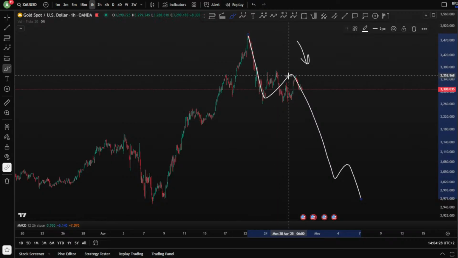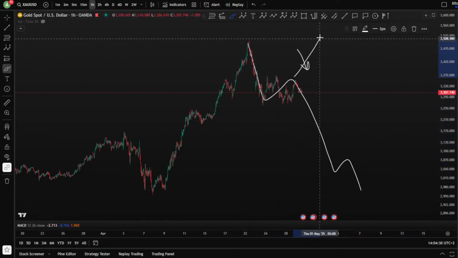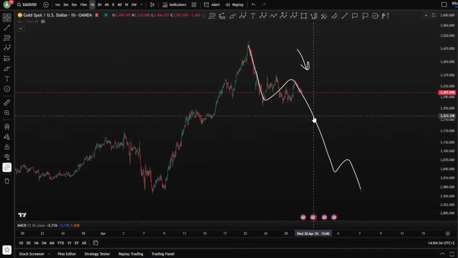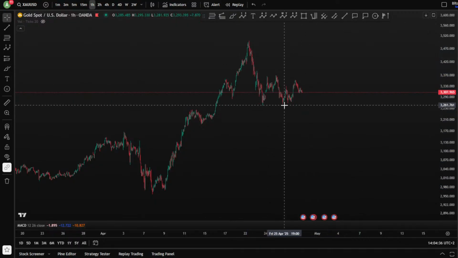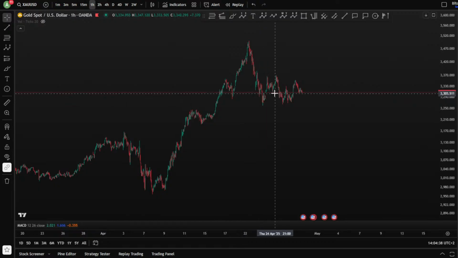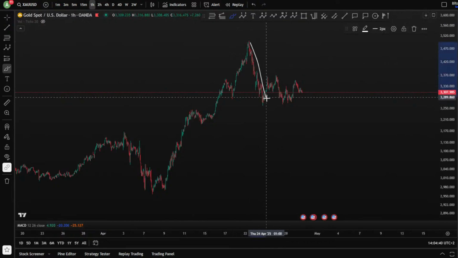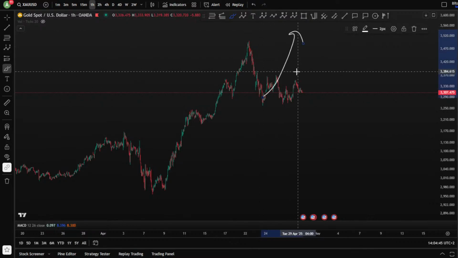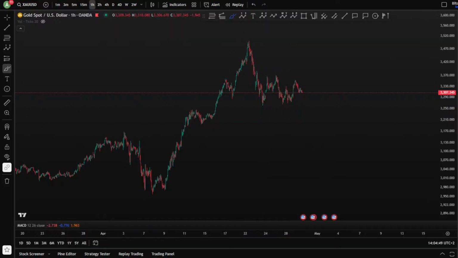You cannot get the high again, the all-time high, when you have an impulse. Very simple answer for this question. When you have an impulse downward after a top, you cannot seek the all-time high anymore right now. It's very dangerous, risky.